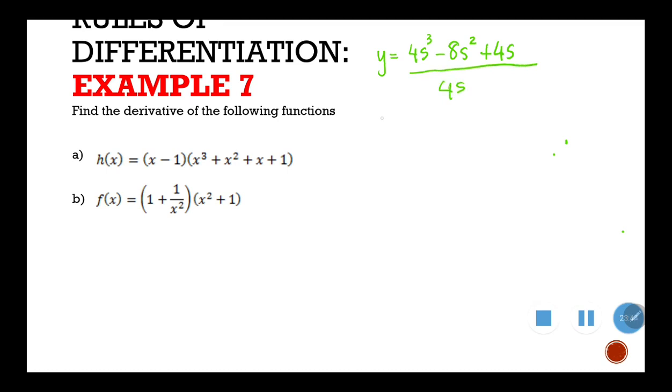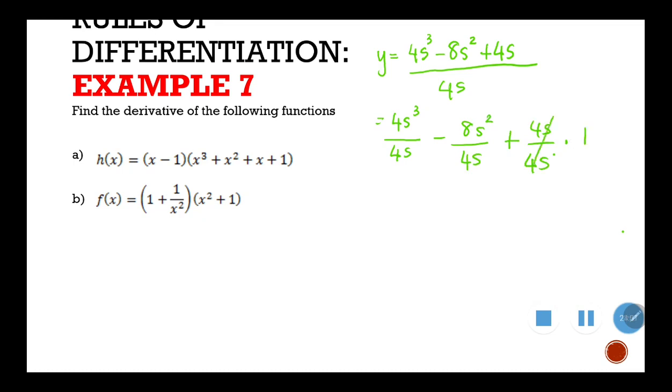First we can simplify it. Looking at this equation, we can simplify it: 4s cube minus 8s square plus 4s over 4s. So 4s over 4s, you will get 1.